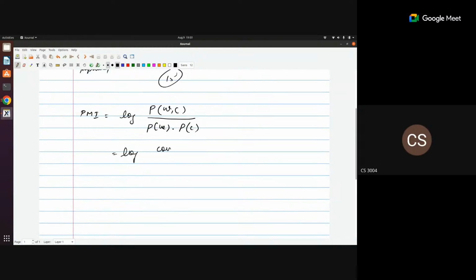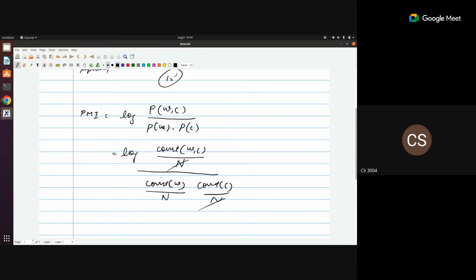Which is equal to count where W and C come together divided by the total number of words in the vocabulary, and probability of W, we are expanding P(W), right? So that will be count of how many times W comes divided by N, and this will be count C divided by N, right?